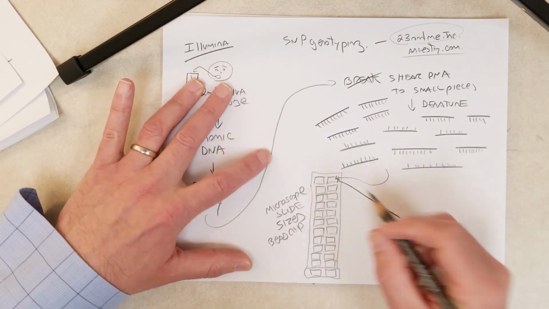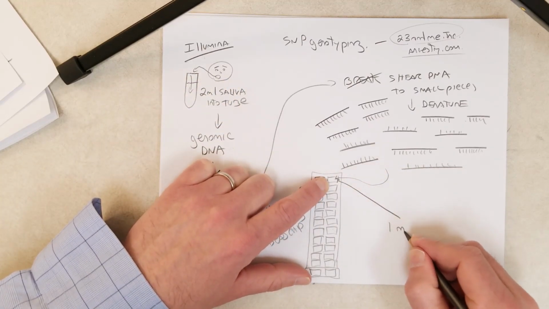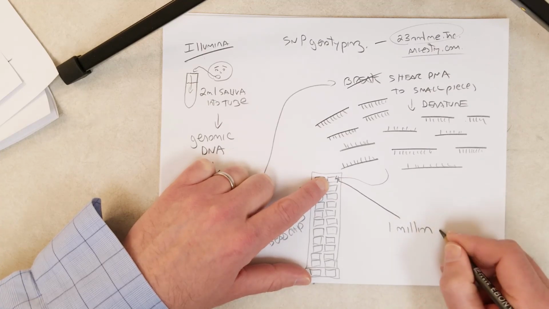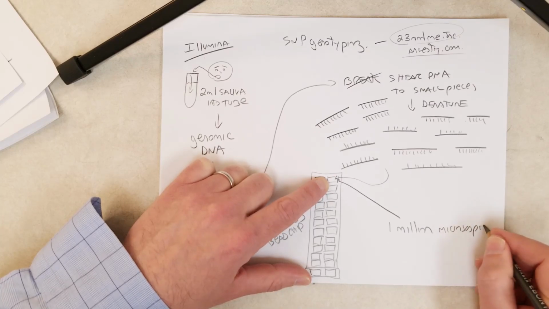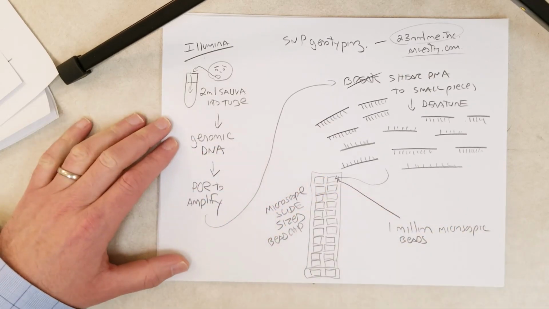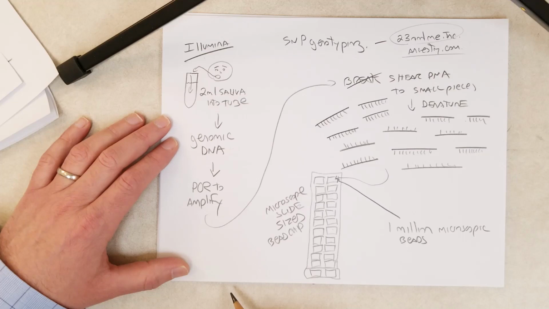In this little chamber right here, there are 1 million microscopic beads that are embedded into the surface of the chamber.